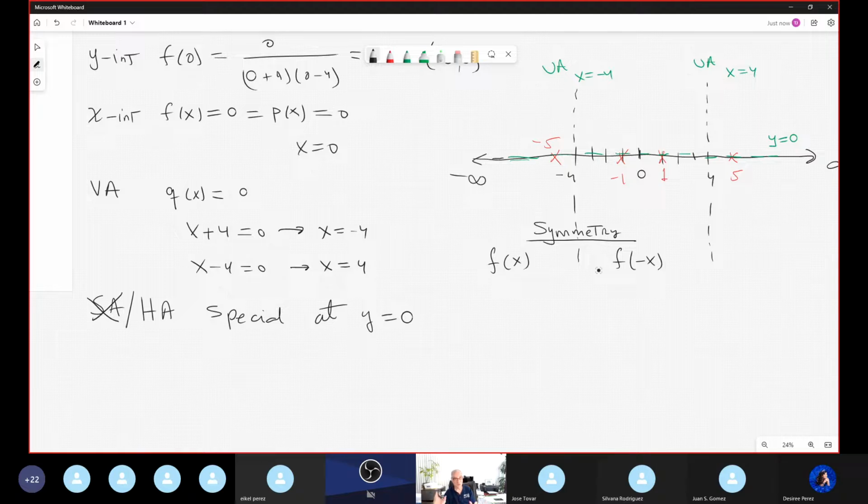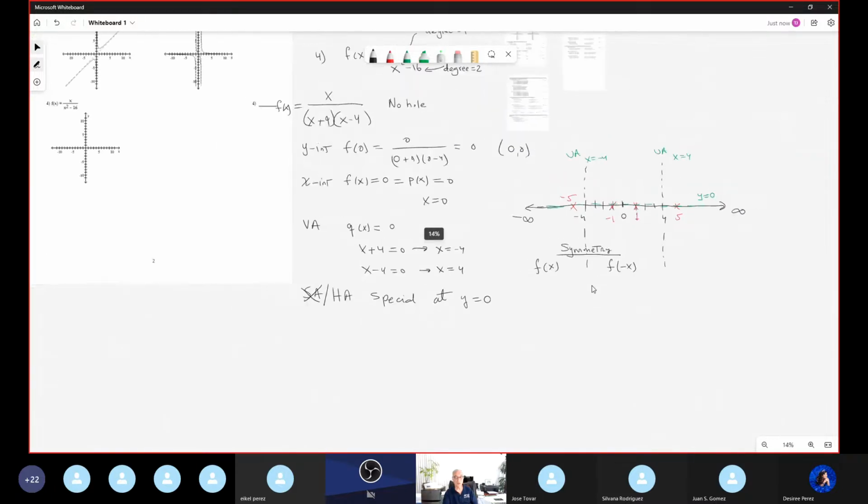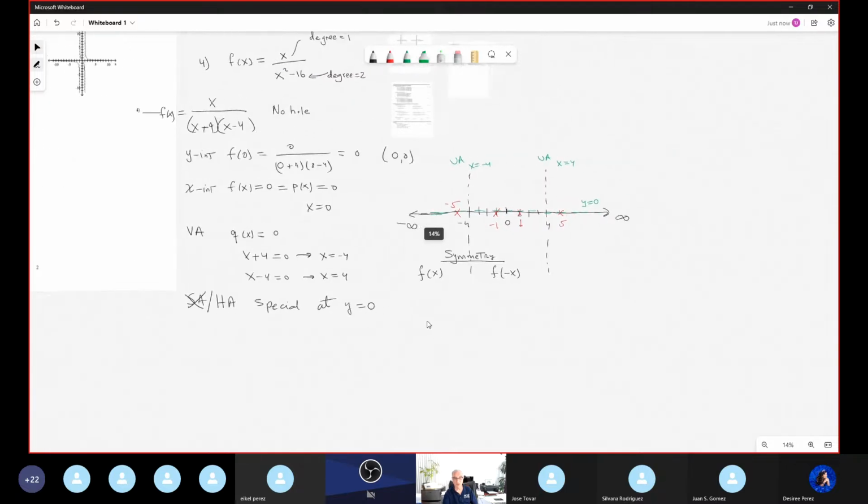So you spend 2 seconds to test the symmetry. The original f of x was x over x squared minus 16.